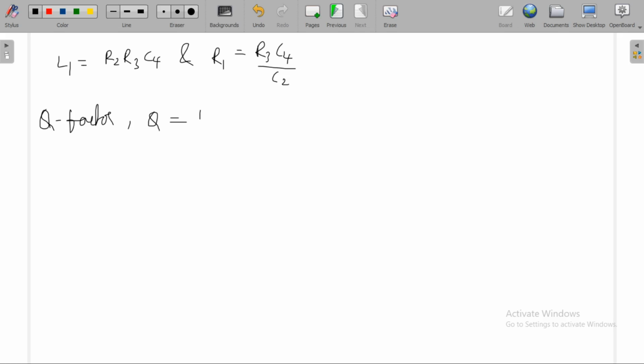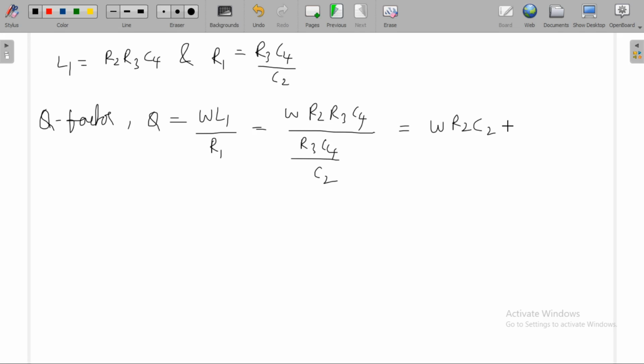Q is equal to omega L1 by R1, then you are going to get omega R2 R3 C4 by R3 C4 by C2, then you are going to get omega R2 C2. That is, Q is equal to omega R2 C2.